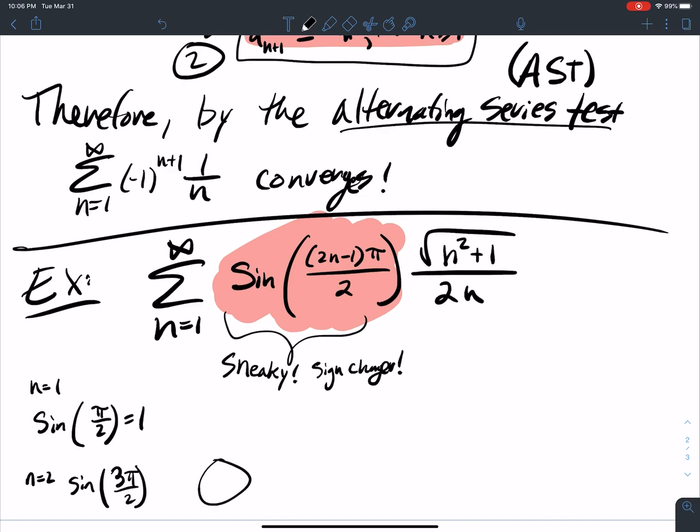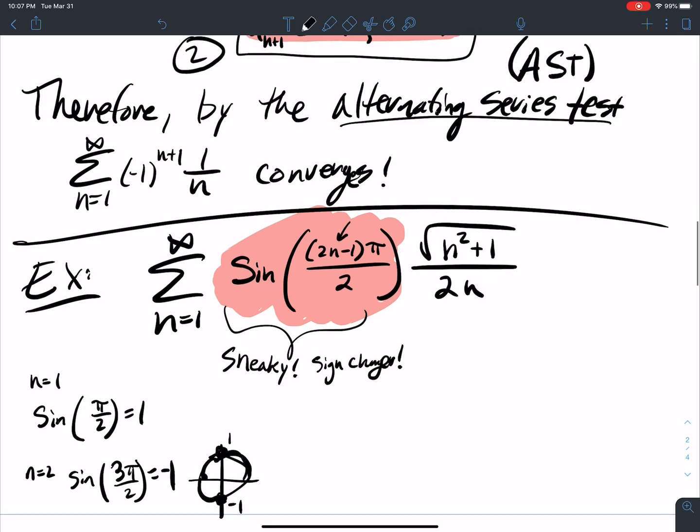On the unit circle, pi over 2 gives 1, but 3 pi over 2 gives negative 1. Then 5 pi over 2 goes back to 1. So what's happening here? This is a fancy way to say negative 1 to the n, and you can do plus or minus 1. I'm just going to do plus 1 here.